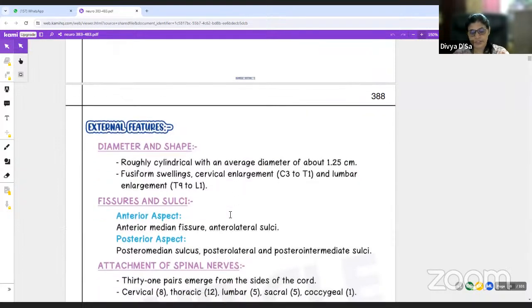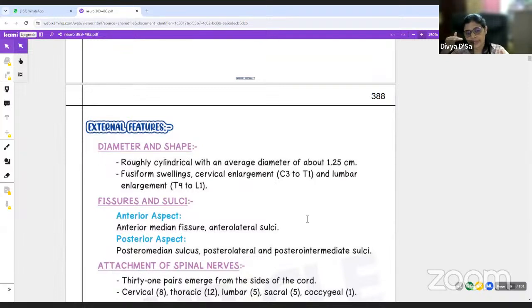So, external features. Diameter and extent: it is roughly cylindrical with an average diameter of about 1.25 centimeters. It has two fusiform swellings. One is the cervical enlargement, extending from C3 to T1 level, formed because C4 to T1 contribute to the formation of the brachial plexus.